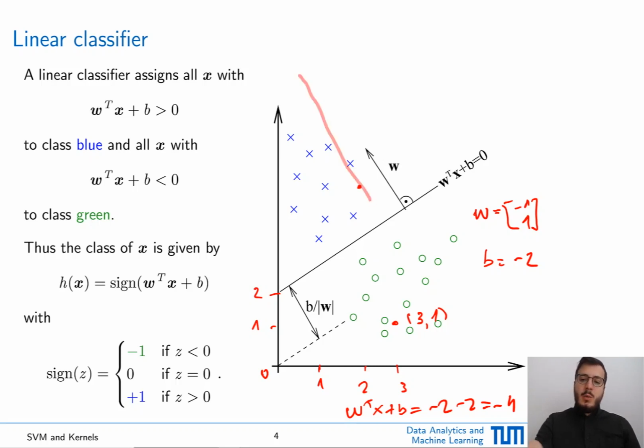And the further we are away from the hyperplane, the more positive this number is. So now with this, we can already define a classifier. We can define a decision rule. Simply take the sign of this expression. If the sign is positive, then we know we belong to class 1. And if the sign of this expression is negative, we know we belong to class -1. And this is exactly how we define our linear classifier.